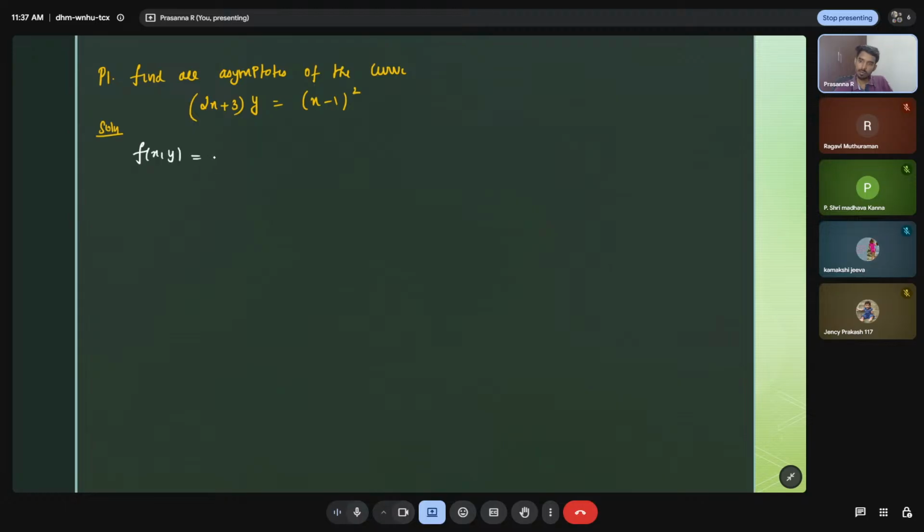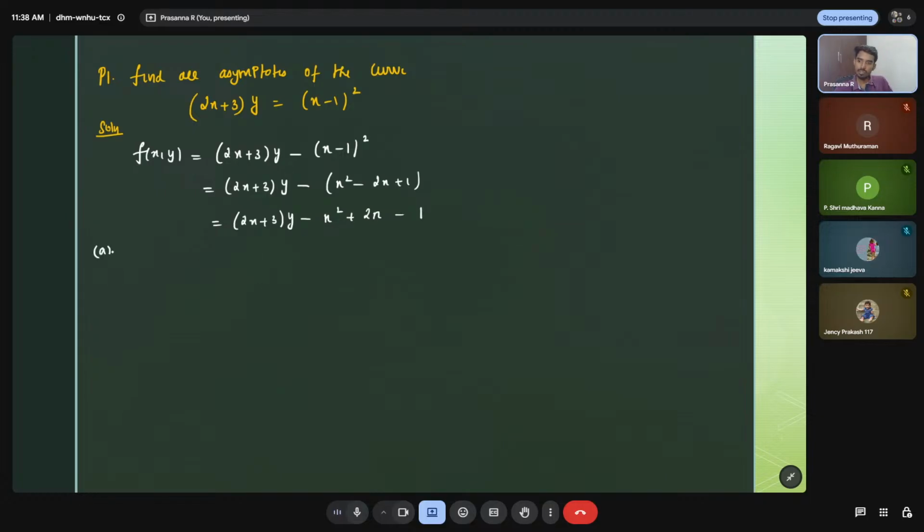So f of x, y is given as (2x plus 3) y minus (x minus 1) whole square. This is (2x plus 3) y minus x square plus 2x minus 1.